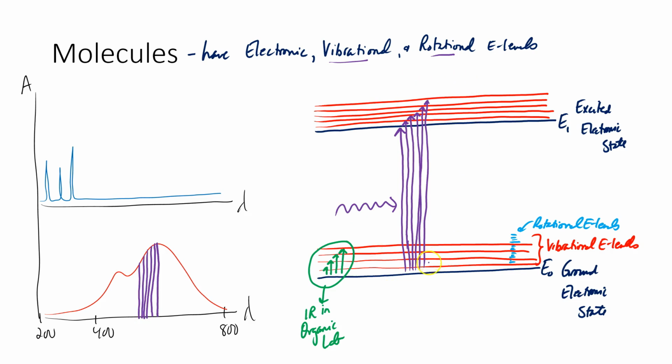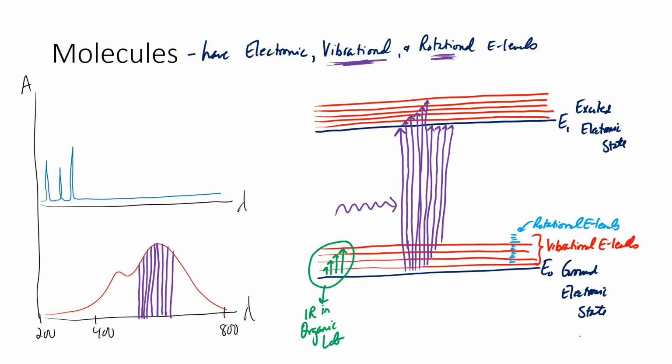What if I started in an excited vibrational energy level in the ground electronic state, like I'm showing here? These would be lower energy level transitions that we would see at longer wavelengths. So the reason we see these bands is because of all these additional transitions that are possible because of the existence of vibrational and rotational energy levels.